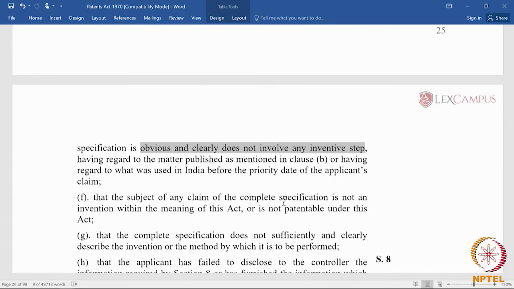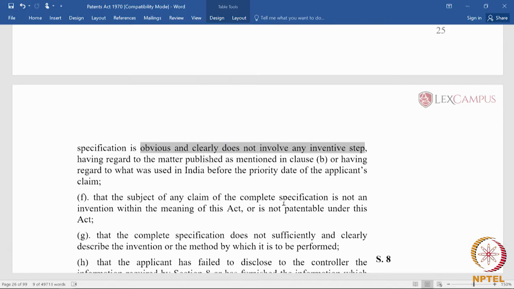But it also goes further to say mentioned in clause B or having regard to what was used in India before the priority date. So, we understand that to prove lack of inventive step as a ground for opposition, you could rely on any document published anywhere, but when it comes to use, it has to be used in India.